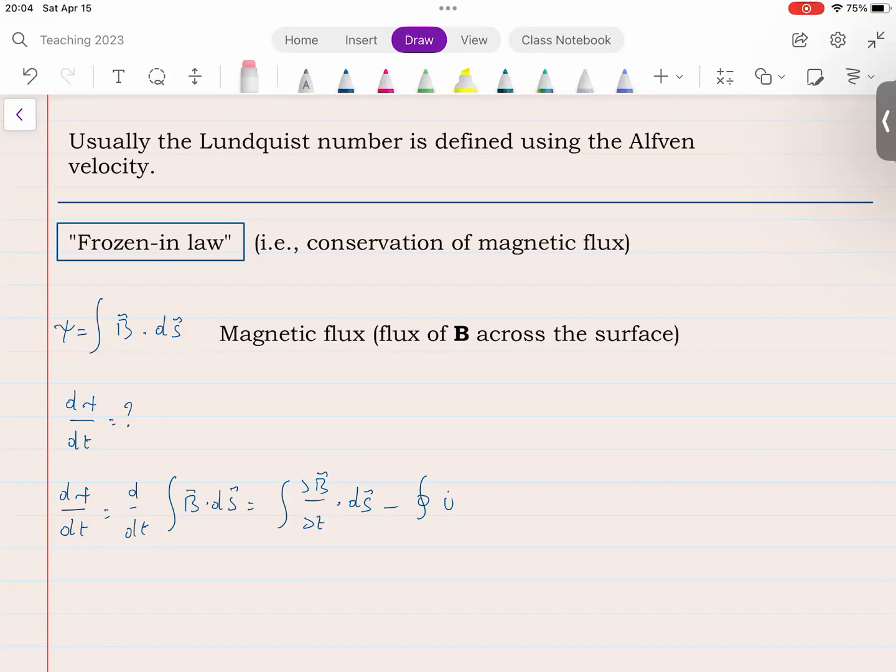I will use lowercase u for now. Crossed with the vector in the direction of B dot dl.